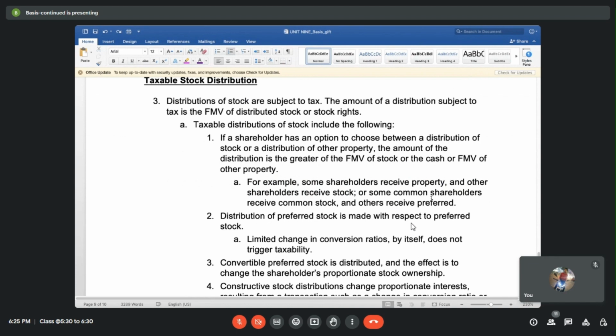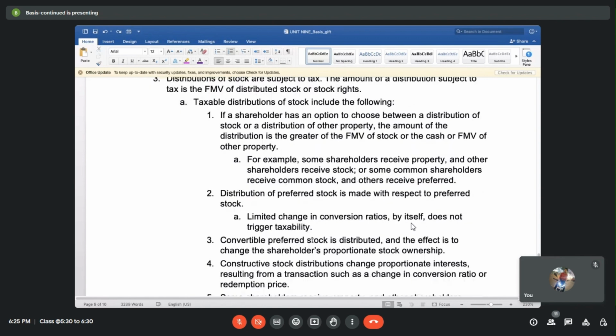Maybe a person at a very junior level will get only so much stock, but a person who is running the entire company may get a very high number of stock. So distribution of preferred stock is made with respect to preferred stock only.